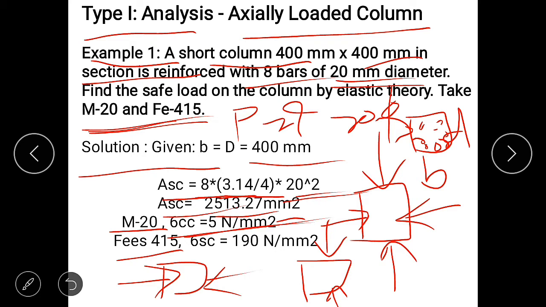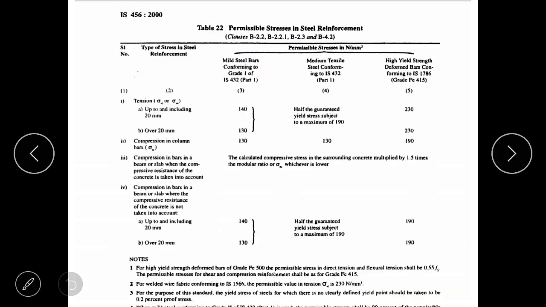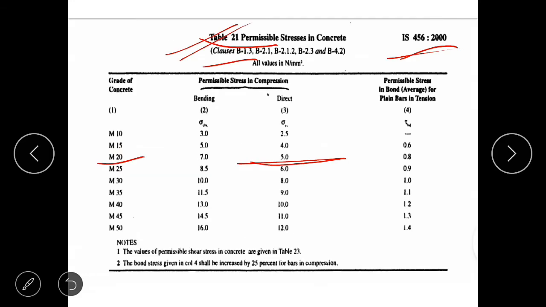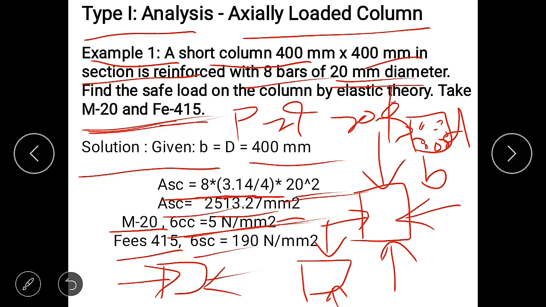And the stresses in steel are in Table number 22, Clause number B 2.2. Here, the second column is compression in column. A column is always a compression member. Our grade of steel is Fe415.